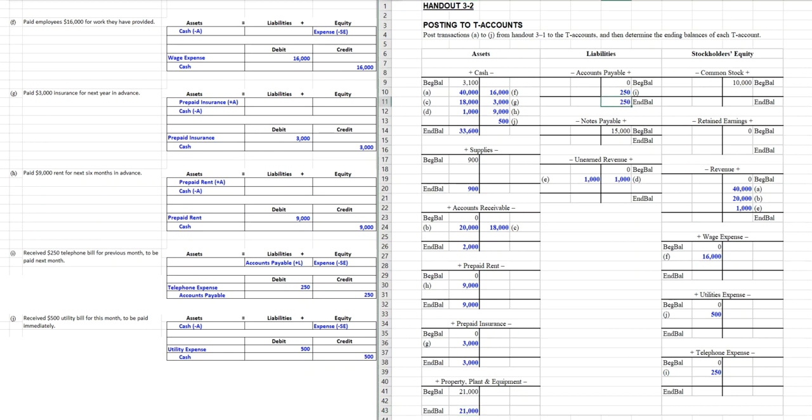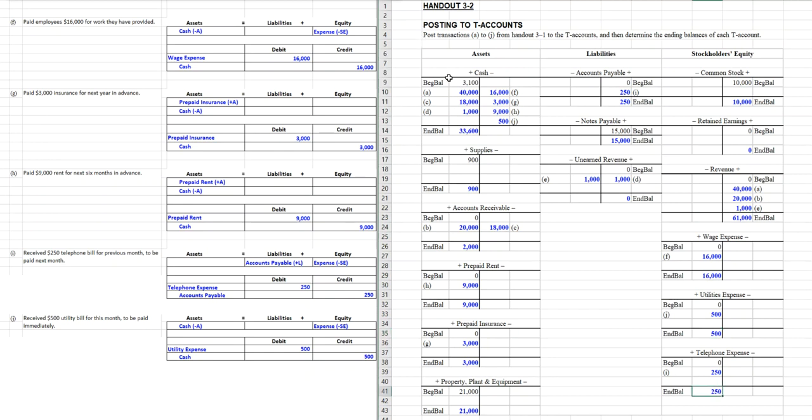Accounts payable, $250. Notes payable, $15,000. Unearned revenue was zeroed out. Common stock is at $10,000. We have nothing for retained earnings yet. We'll pick that up in a later chapter. We have total revenues of $61,000, wage expense of $16,000, utility expense of $500, and telephone expense of $250.